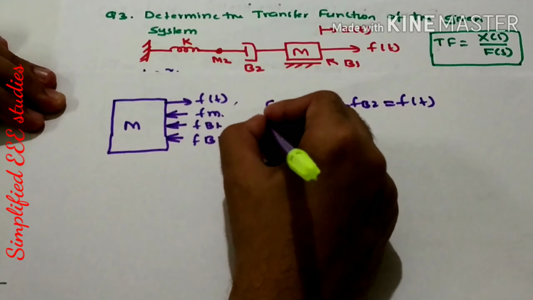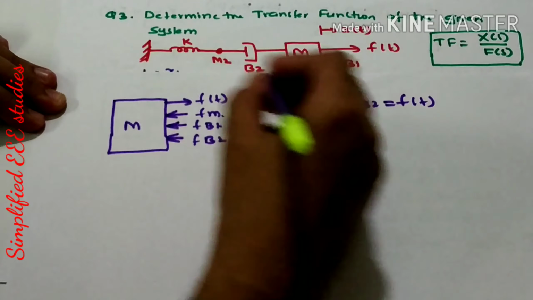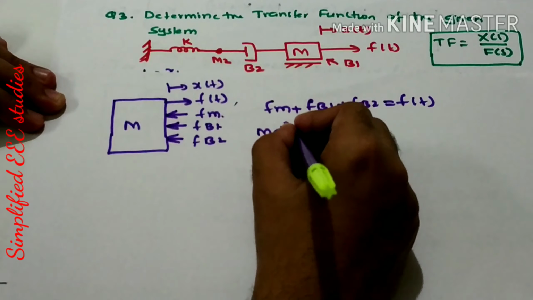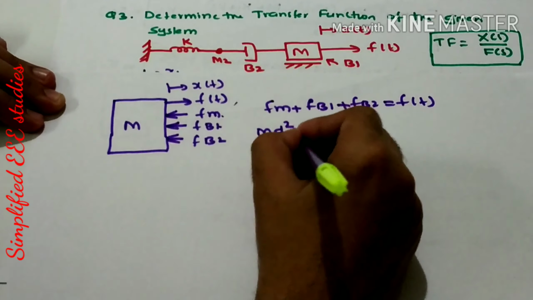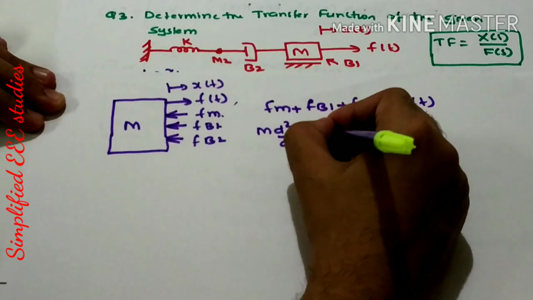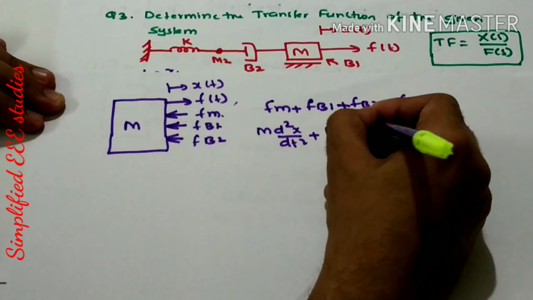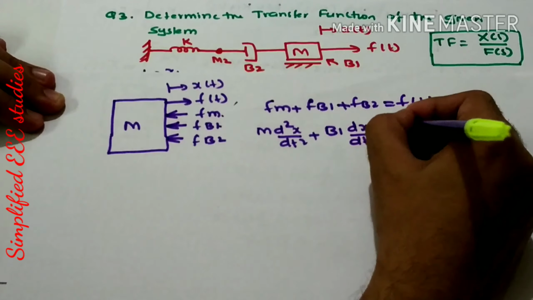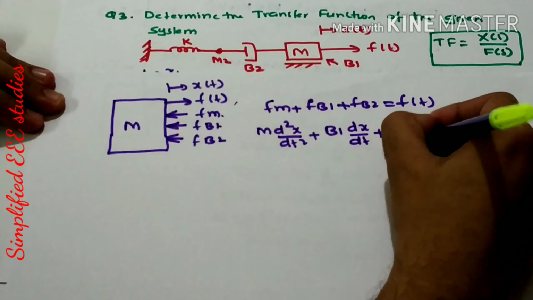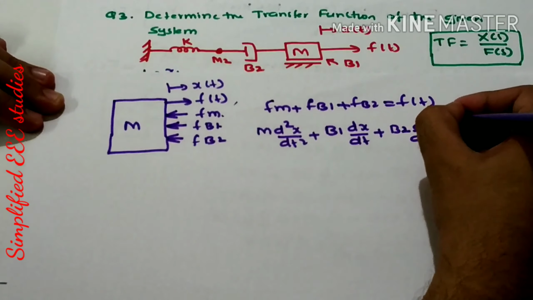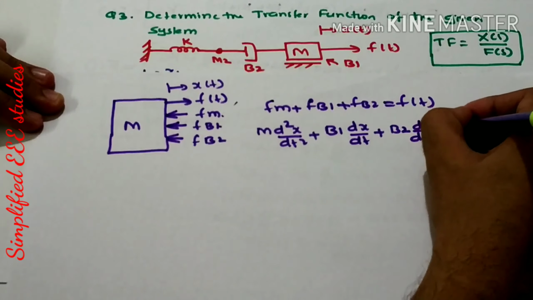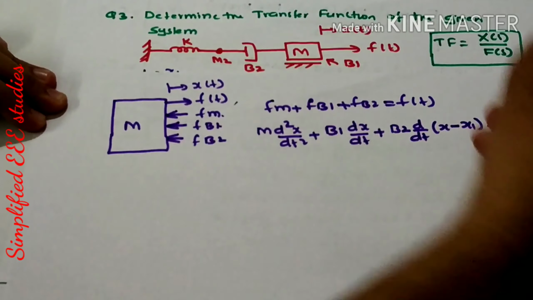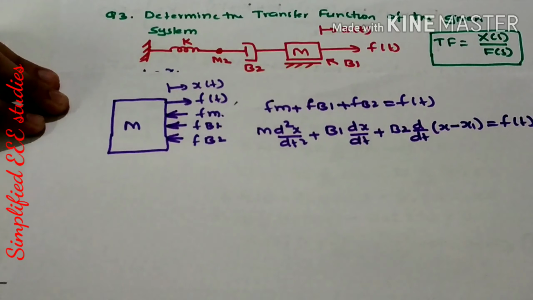Now we can write the expression m into d square x by dt square, where the displacement is x of t, plus b1 into dx by dt plus b2 into d by dt of x minus x1, that is equal to f of t.